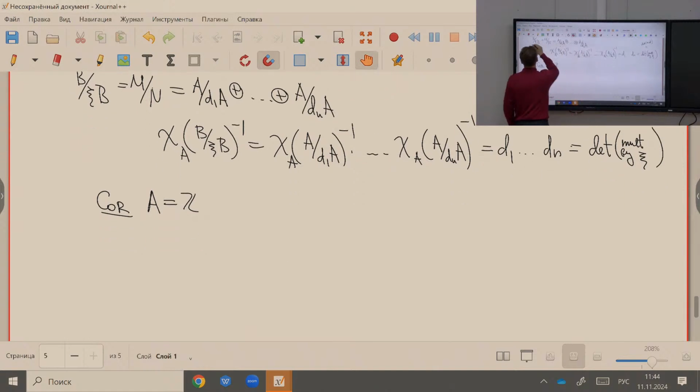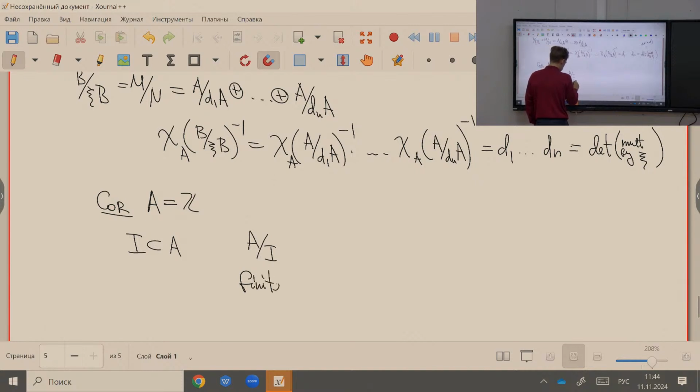So if you take I as a non-trivial ideal, then A mod I is a finite abelian group.